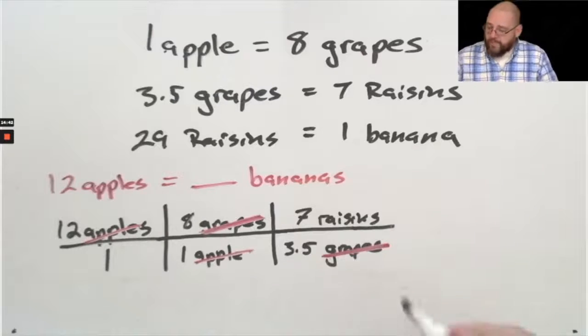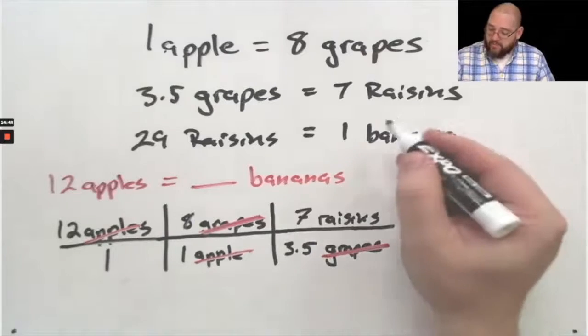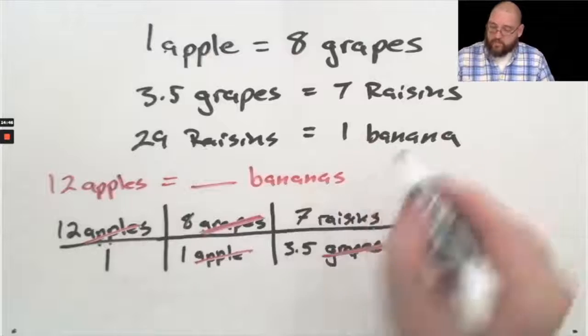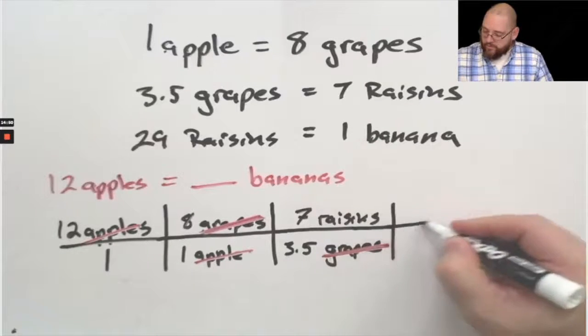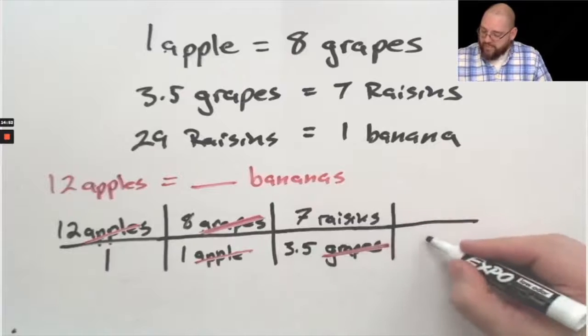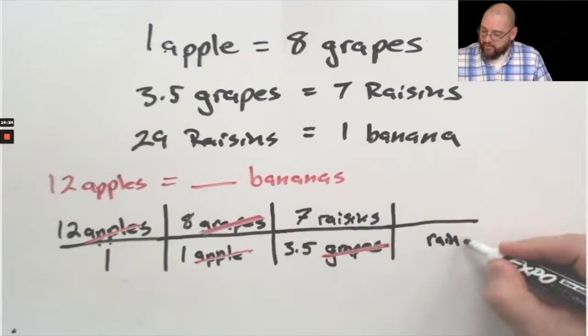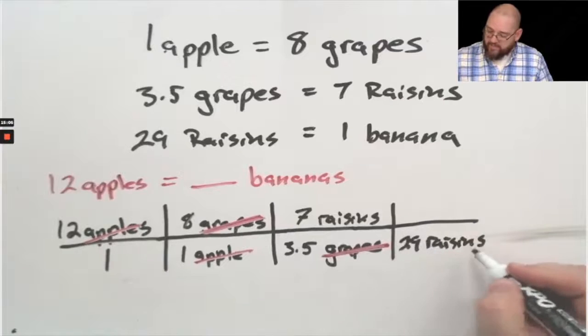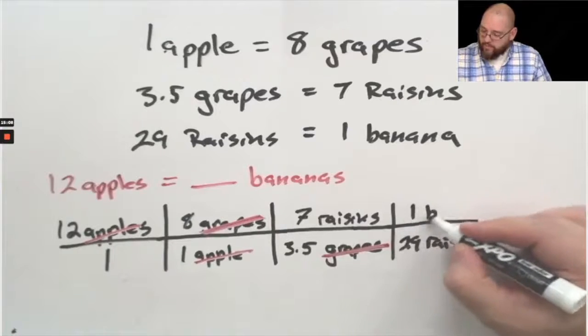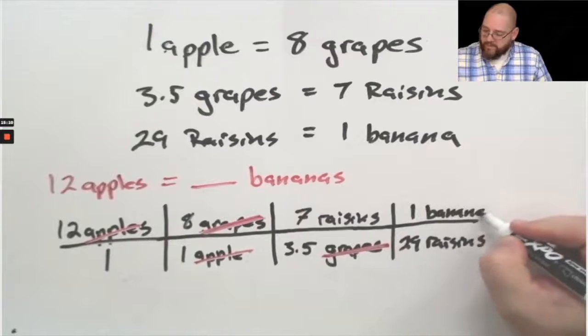I'm not done yet. Now I can go from raisins to bananas. So I'm going to do another one. Now if I have raisins up here, I need to put raisins down here so that they will cancel out. And I know 29 raisins is equal to 1 banana.